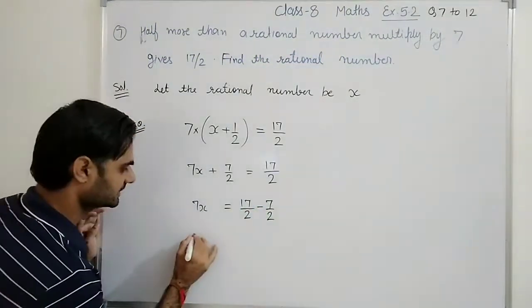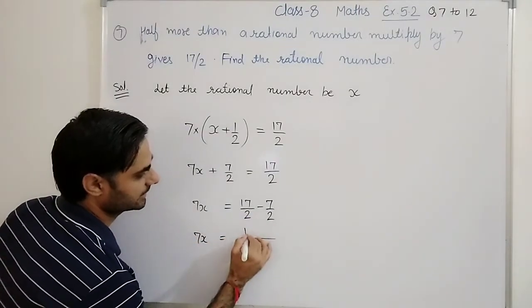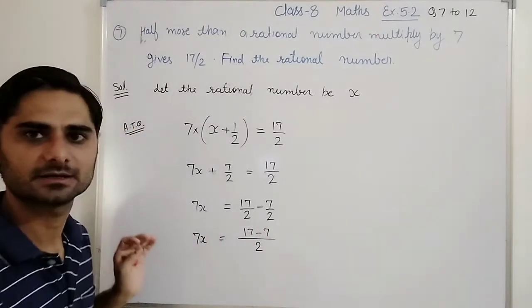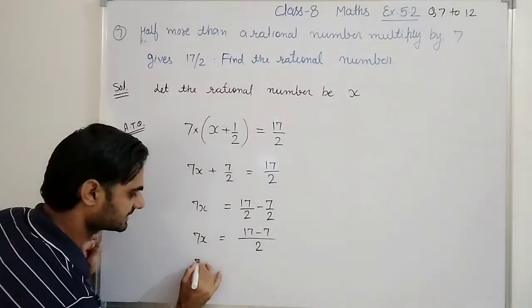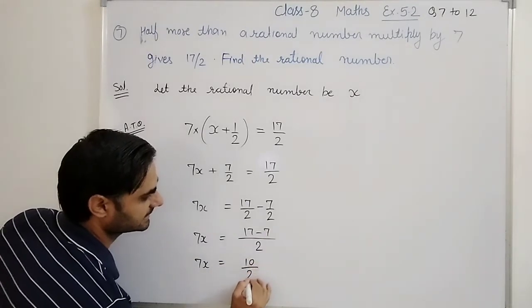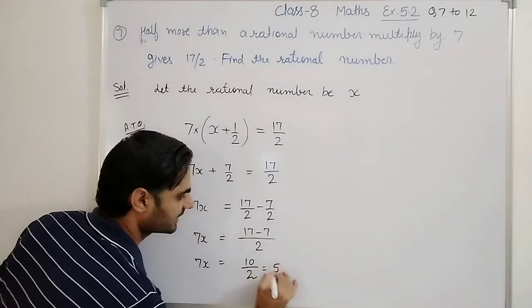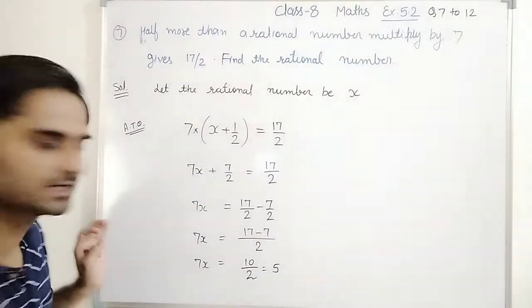When we subtract, we can take LCM 2, and this will be 17 minus 7, which is 10. 10 upon 2 means 5.